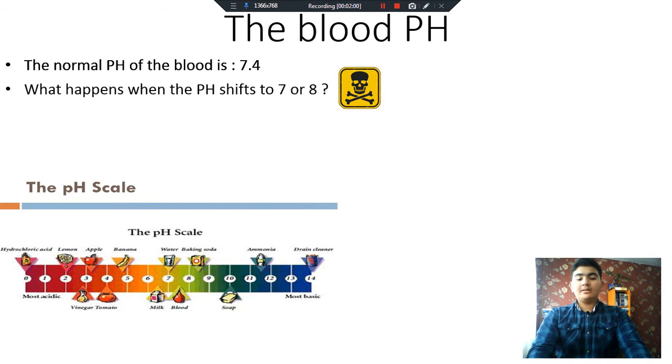Okay, and you might be asking yourself, why does it matter if our blood pH shifts just 0.4 degrees? And if I were to answer your question, I would say, take for example, if we add 0.01 moles of a strong acid to a liter of pure water, the pH would drop from neutral, or pH of 7, to the pH of 2.